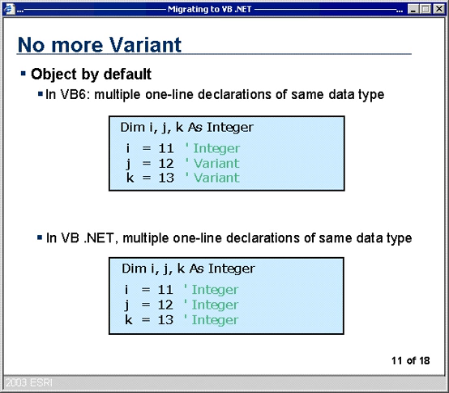In VB.NET, these multiple one-line declarations assign the same data type to all of the variables. This is advantageous to you in that no memory is wasted on variants, and you're now assured of the correct data type.